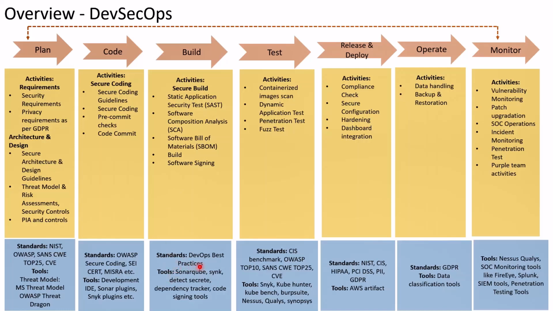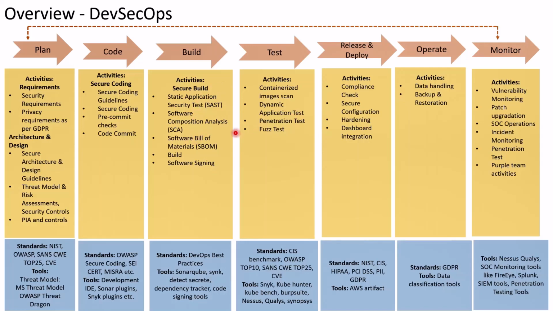And for standards, we can follow the DevOps best practices, DevSecOps best practices. And on the tools aspect, we can use SonarQube, Snyk, Detect Secrets, Dependency Track, software signing tools or code signing tools, and execute the activities.